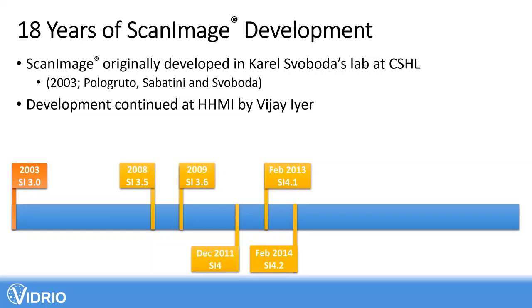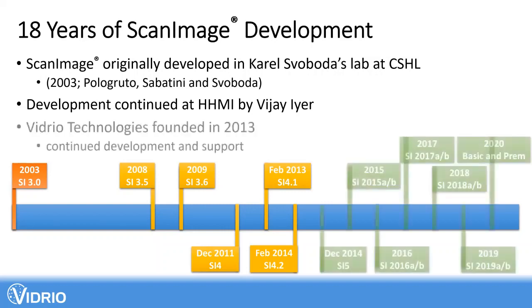In 2011, the first resonant scanning application was developed. This was done a lot by Vijay Iyer, who actually is one of the founders of Vidrio back in 2013. And that was called SI4. So linear scanning and resonant scanning were in separate applications up until that point. And Karel and Vijay, I think, would say that they made a mistake because SI4 was only compatible with this Thorlabs system, and it lost some of its flexibility as a result of that.